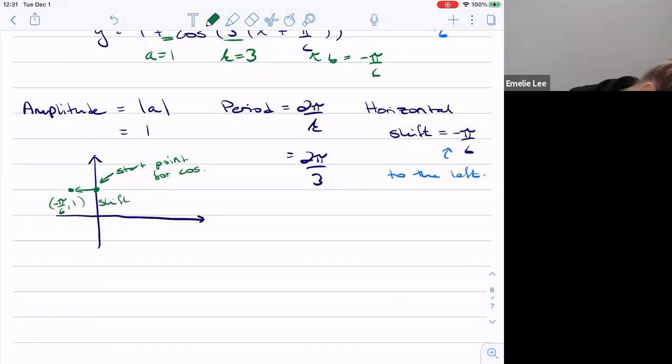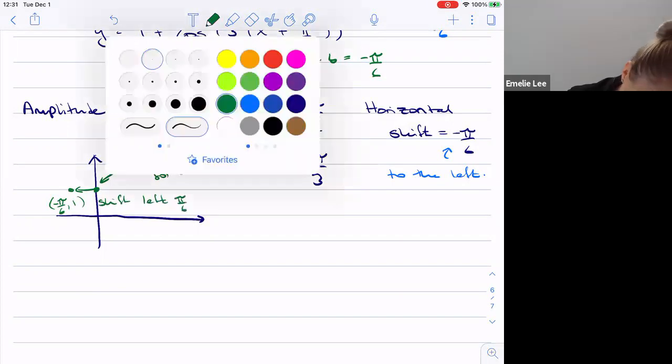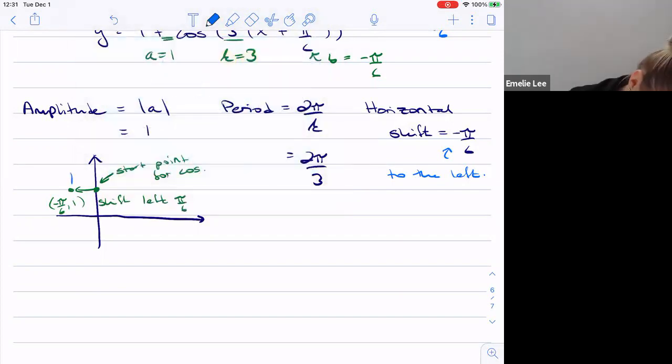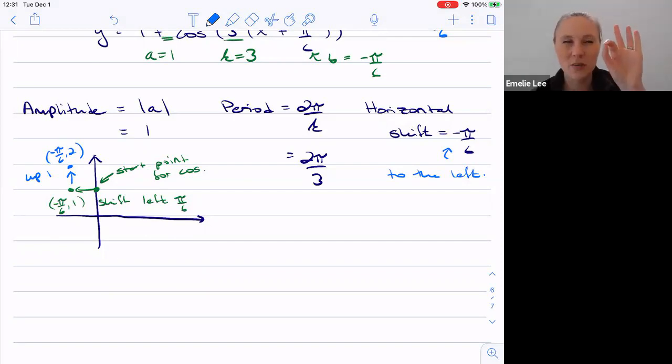Shift left pi over 6. And then I go up 1, which puts me at negative pi over 6, 2. Cosine starts at 1, 0, and then it goes down, right? Because it starts up at the top, so it has to go down, it can't go up.